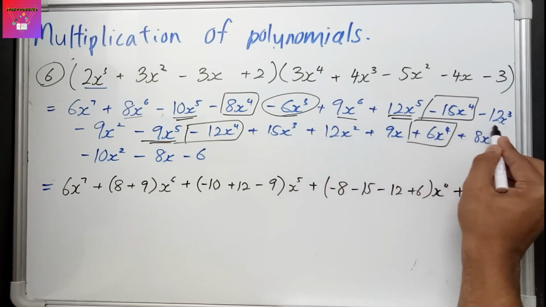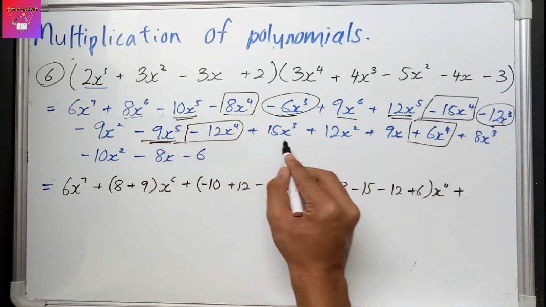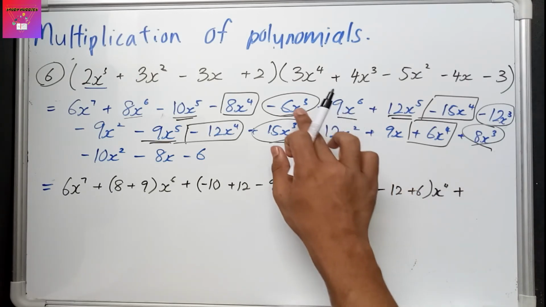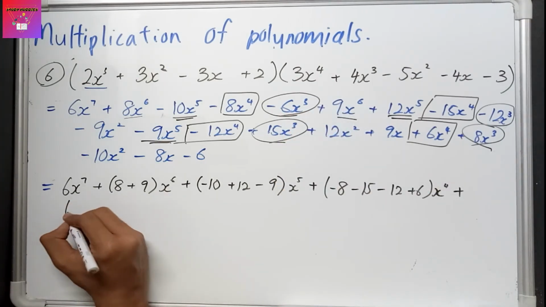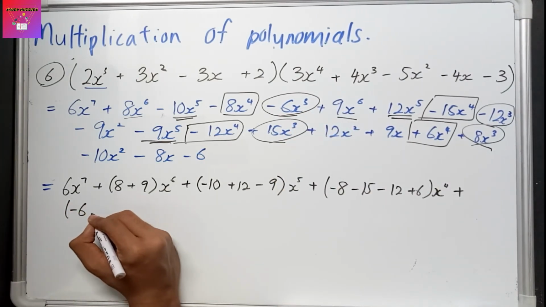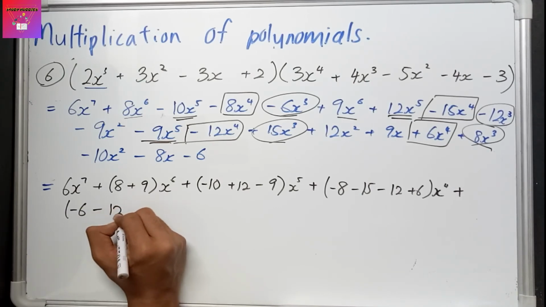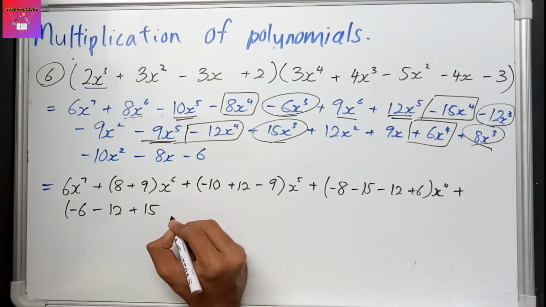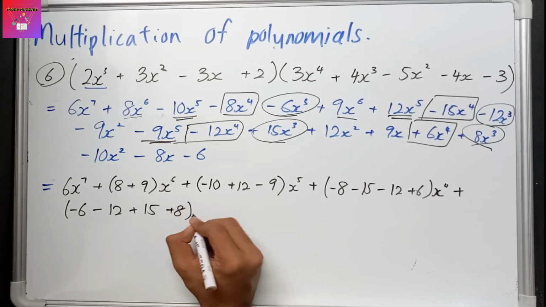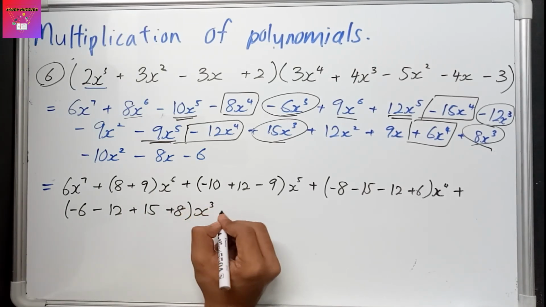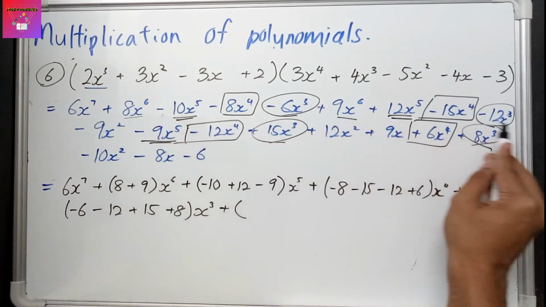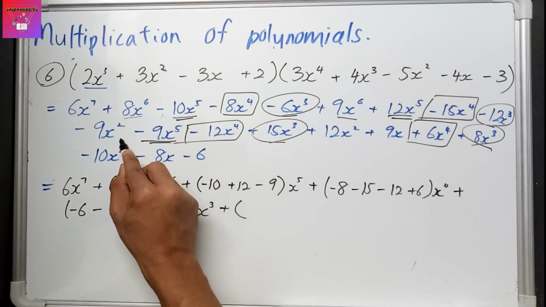Okay, and followed by x to the power of 3. We have 4 values. So it's going to be negative 6 minus 12 plus 15 plus 8, x to the power of 3. Now x square, it starts over here.